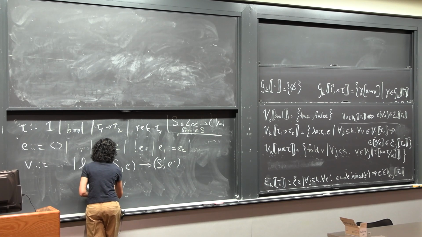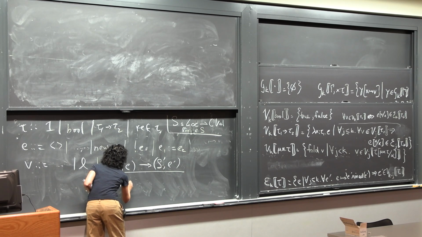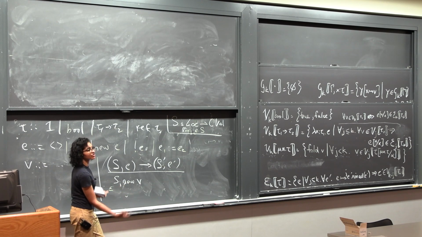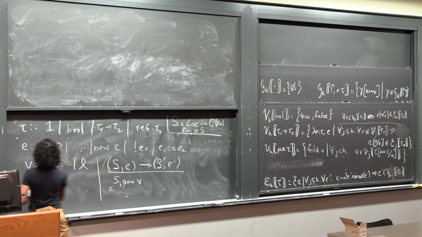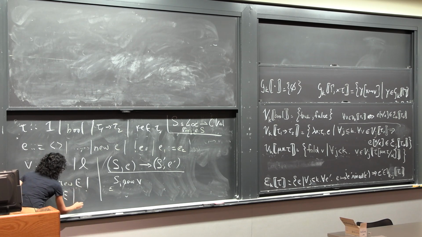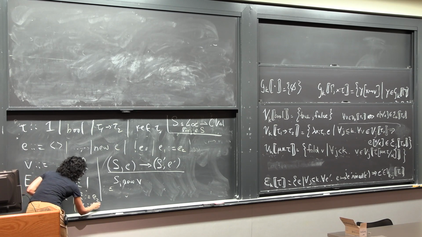So let's touch the store. Where do we need to do that? Let's say we have some store S, and we want to run new of a V. And I'm assuming that you've already evaluated that expression down to a V, which you will do with evaluation contexts, which basically tell you we have to add new E, we have to add bang of E, and we have to add E colon equals E2, as well as V colon equals E. What is that saying?